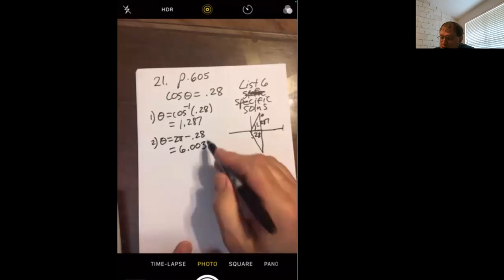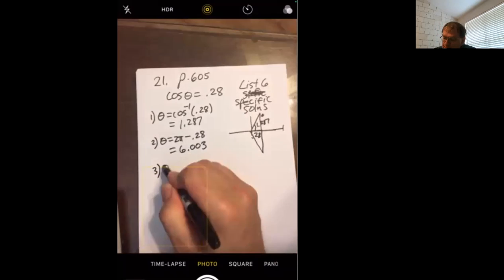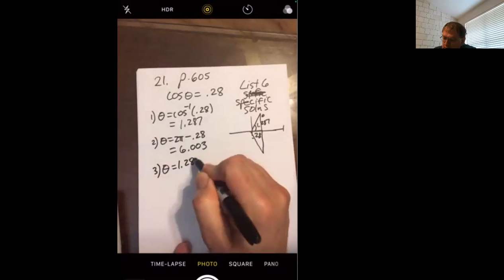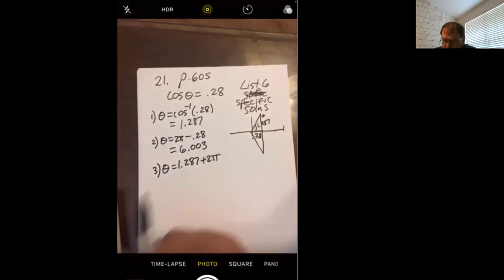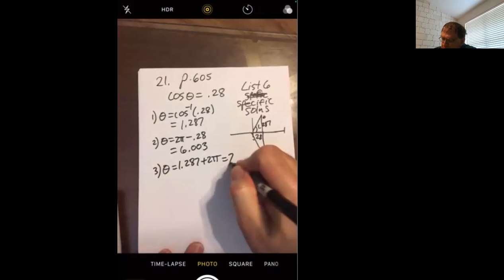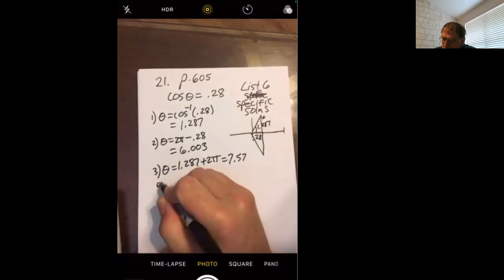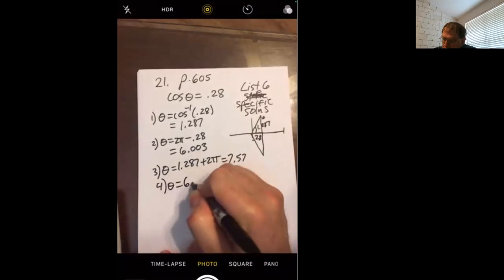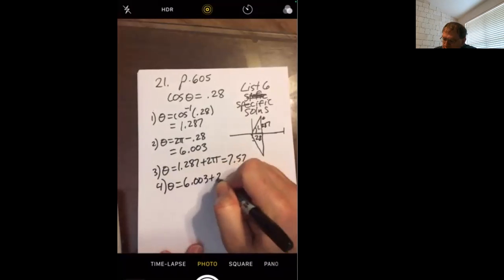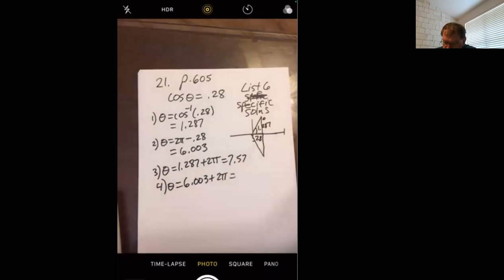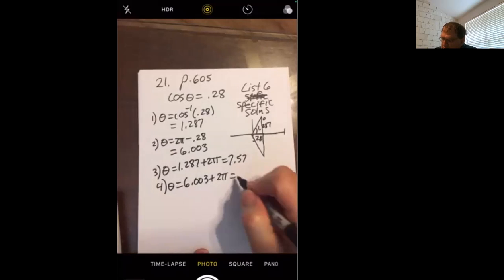And now you just add 2 pi for the third one. Then take the 2 pi added to the second solution for the fourth.